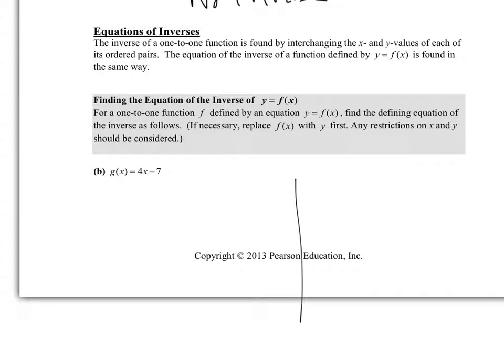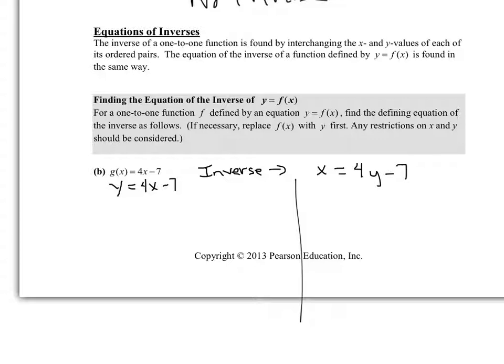So let's look at this. If I see that it's in function notation, I can replace that with a y, and this would be y equals 4x minus 7. So in order to get the inverse, I'm going to switch the x and the y, and that would give me x equals 4y minus 7.